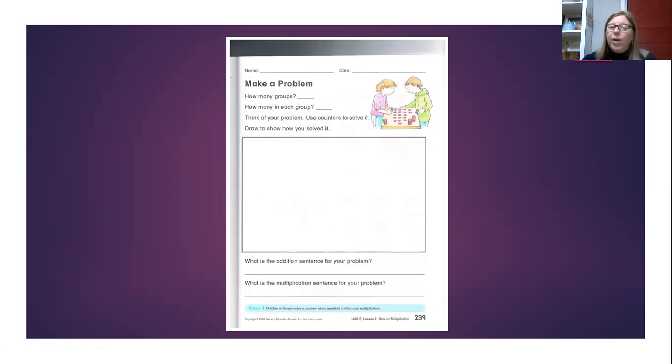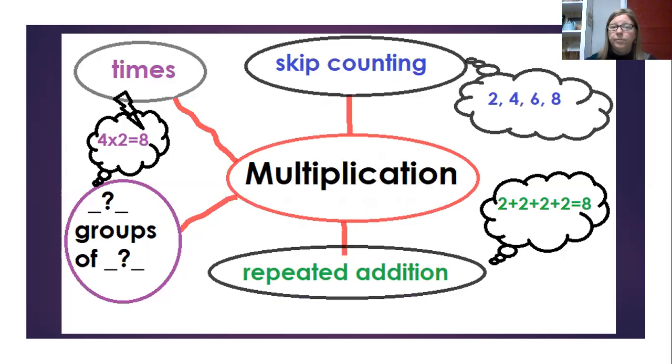Now, look at the bottom of the page. It says, what is the addition sentence for your problem? This is when you need to do that repeated addition that we showed on the previous page. This one here, where it shows the repeated addition in the cloud here. 2 plus 2 plus 2 plus 2.